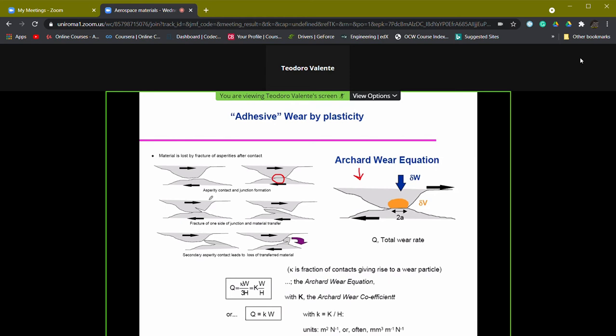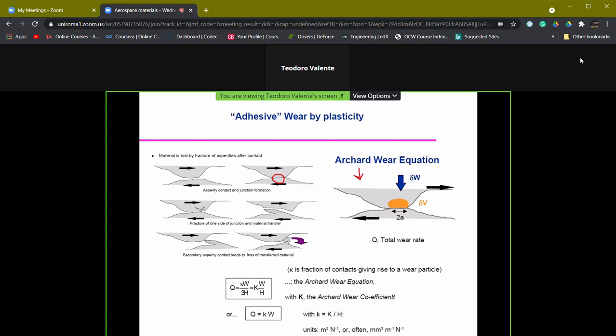But since we need to maintain the relative motion between the two surfaces, these micro weldings must be broken. And this explains, for example, why we need to consider the friction force, first of all.